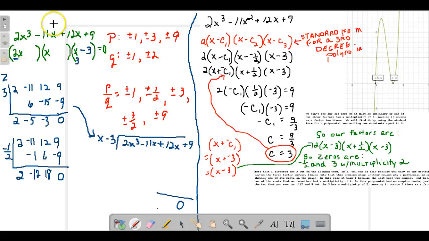Well, not necessarily. Let me backtrack. Not necessarily at this point, but at any rate, I won't jump ahead. So you have your negative 1/2. We did synthetic division with that, and we came out with 0.